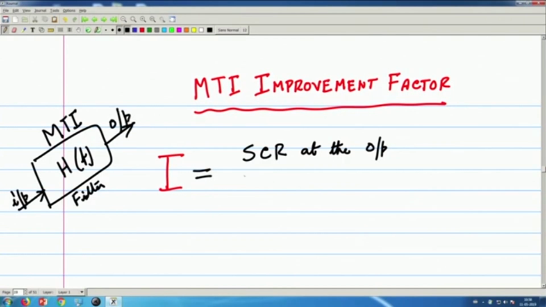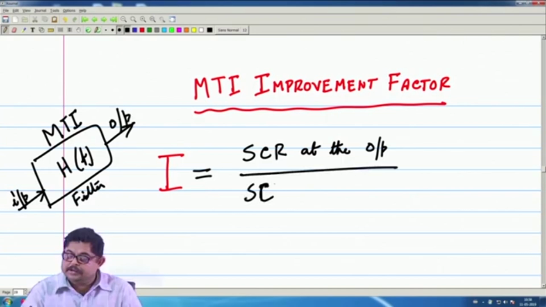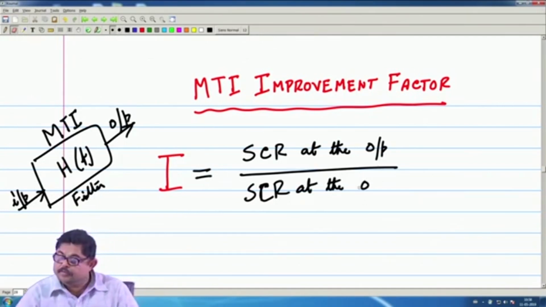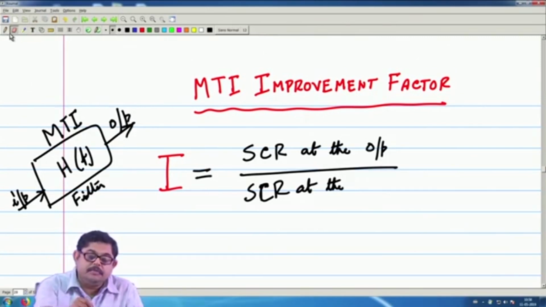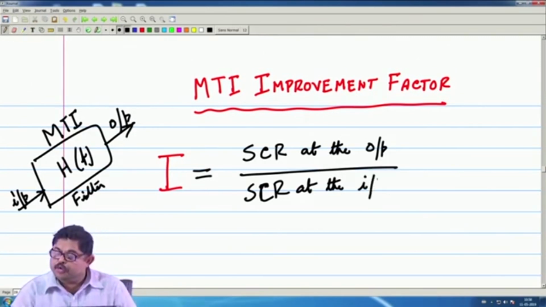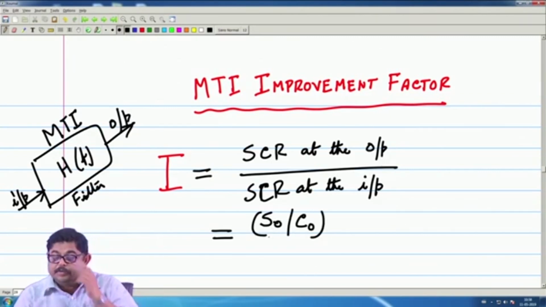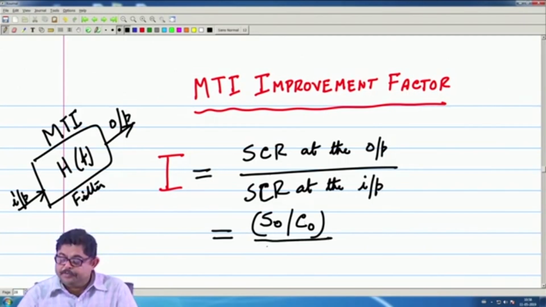So, the SCR at the output divided by the SCR at the input. That means I can write S naught by C naught, where S is the signal power at the output and C is the clutter power, divided by Si by Ci.